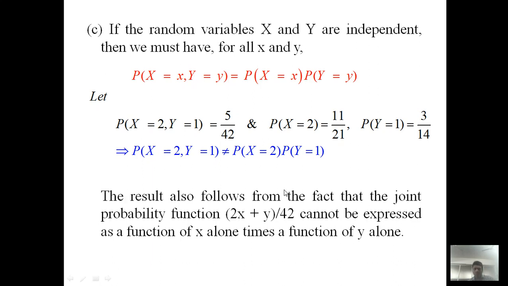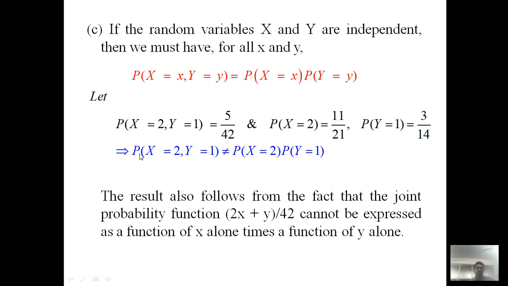The result also follows from the fact that the joint probability function, which is (2x plus y) into c, where c is 1 by 42, cannot be expressed as a function of x alone into a function of y alone. We cannot write down this joint probability function like that.